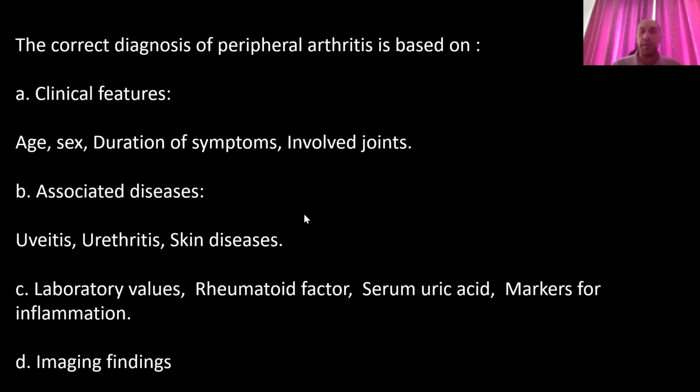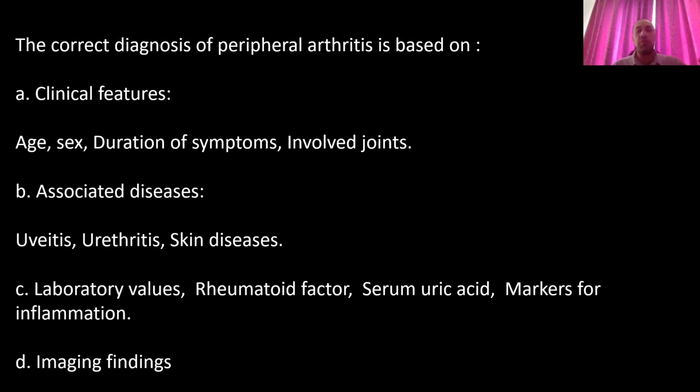So when you diagnose any case of arthropathy, you have to manage it this way. The age and sex, and the duration of symptoms of the involved joints, because this is very important. A young patient is different from an old patient: young patient, juvenile idiopathic arthritis; old age, rheumatoid arthritis and other differentials.